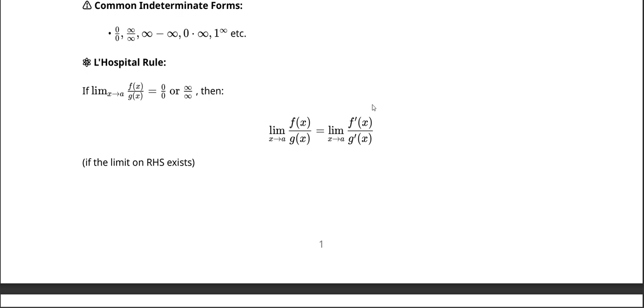So whenever we get an indeterminate form, let's say for example 0 by 0 or infinity by infinity, then we differentiate the numerator and denominator separately, and then we apply the limits.